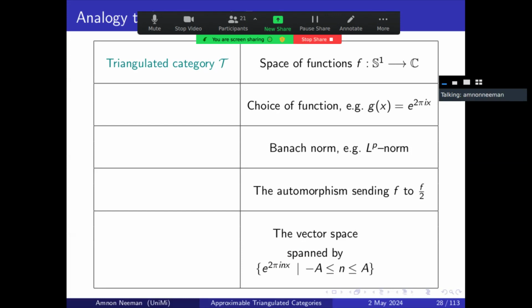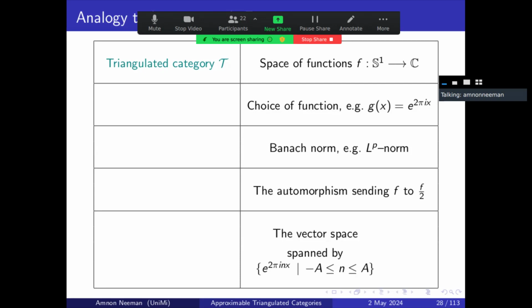So you think of the triangulated category T as some sort of analog of the space of, let's say, Lebesgue measurable functions from the circle to the complex numbers. And what do you do in ordinary Fourier analysis?